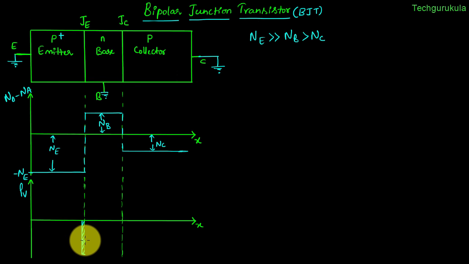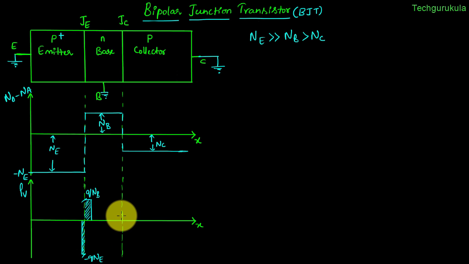This is the depletion region on p side, where the exposed ions would be negative in nature. And this is in the base. The depletion width would be more, but the area of this one and this one would be equal. This would be Q times NB, and this would be minus Q times NE.